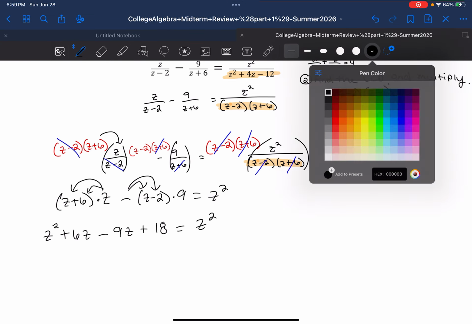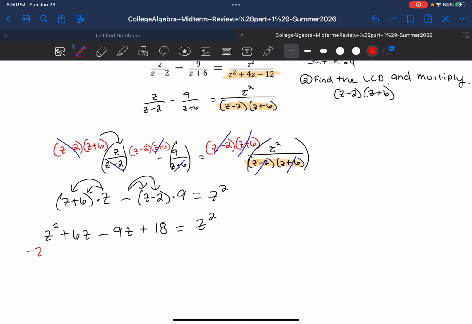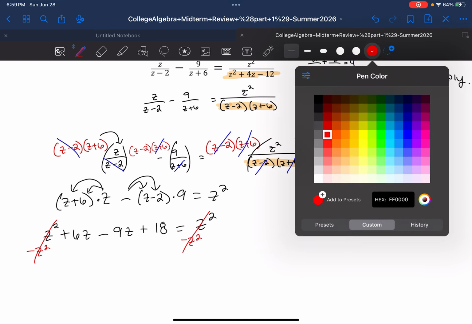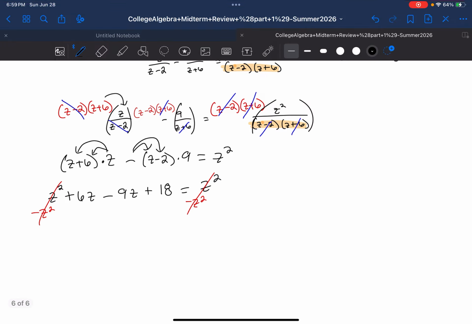If I subtract z squared over to both sides, it will cancel, leaving me with 0 on the right. I can combine these two like terms here. I know that kind of looks like a t, but that's a z. 6z minus 9z is negative 3z.